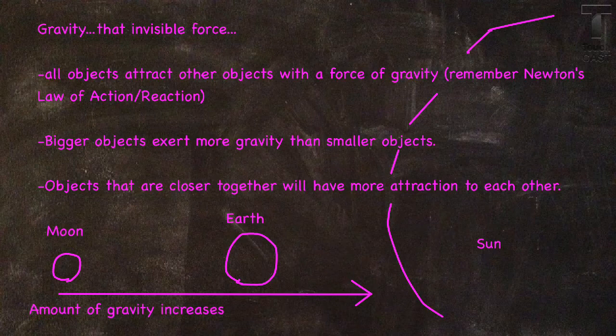At the same time that we're looking at the mass of an object, we're also looking at how close the objects are together. Because the moon is closer in distance to the Earth, the Earth's gravitational pull is going to have a greater impact than the sun's gravitational pull on the moon. So I've drawn you two pictures, three objects, the moon, the earth, and the sun. And the amount of gravity is going to increase as you go from moon to earth to sun.